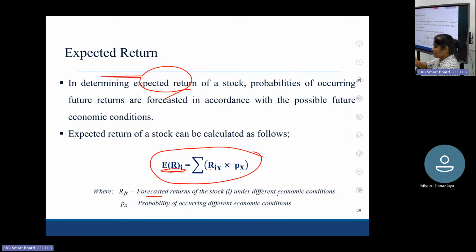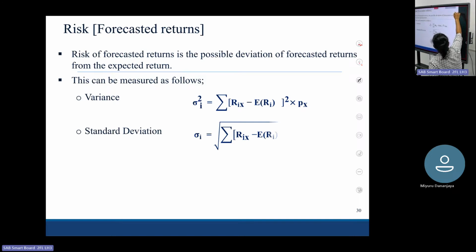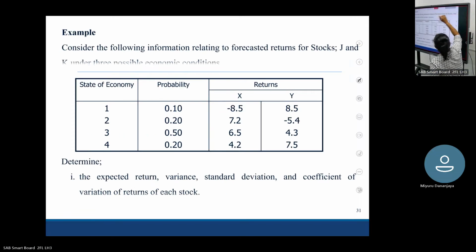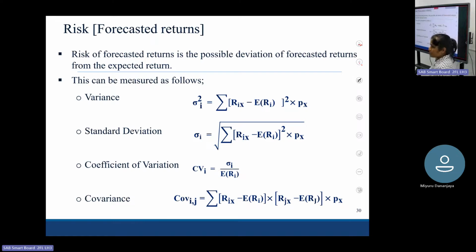Now previously we discussed the risk of average return. Based on the past data, if you calculate average return, the risk of that. Now the risk of this expected return. So again we are using the same statistical tools to calculate the risk.